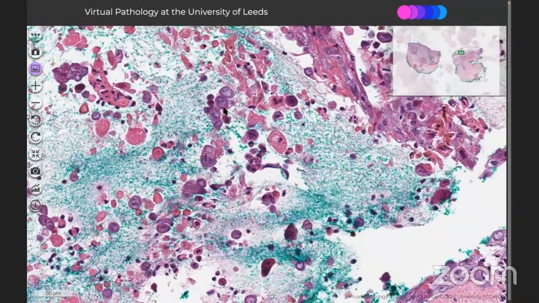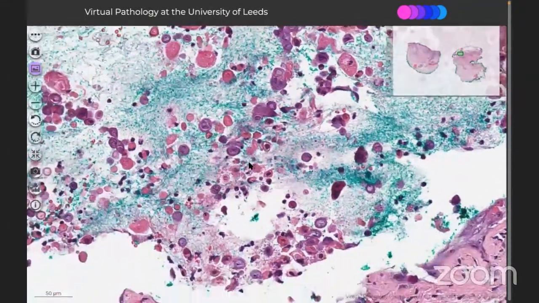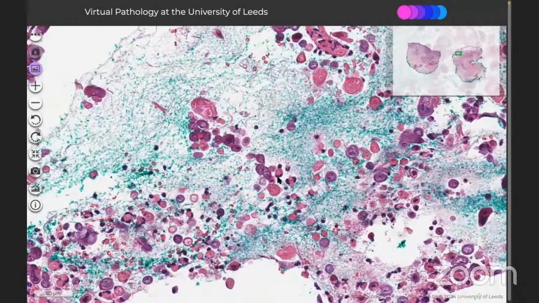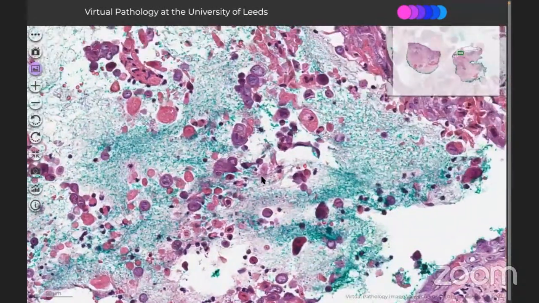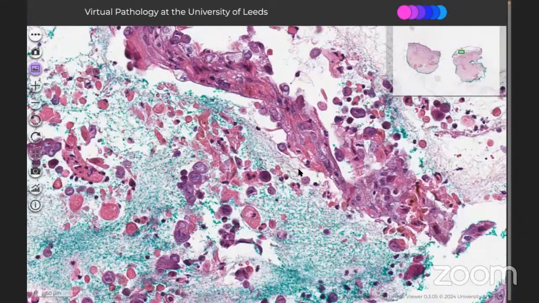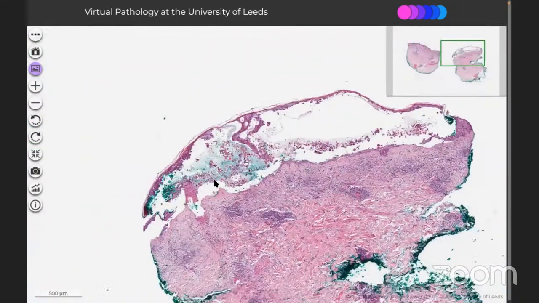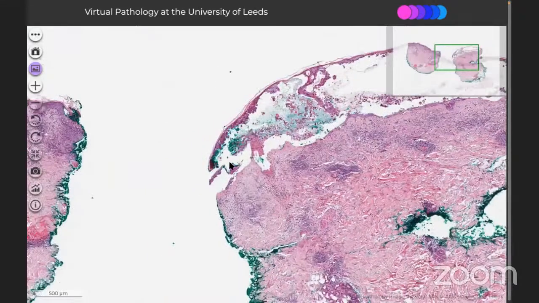So this is multinucleation, molding, and this is very 3M for varicella infection. The 3M stands for multinucleation, molding, and margination of the chromatin. So this is quite characteristic for varicella or herpes family infection.